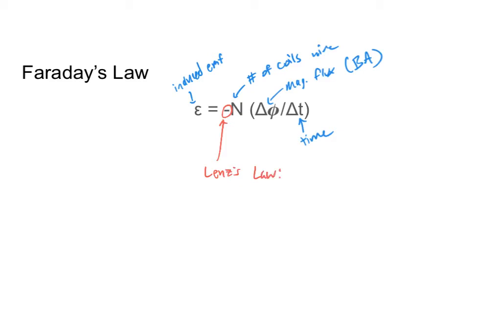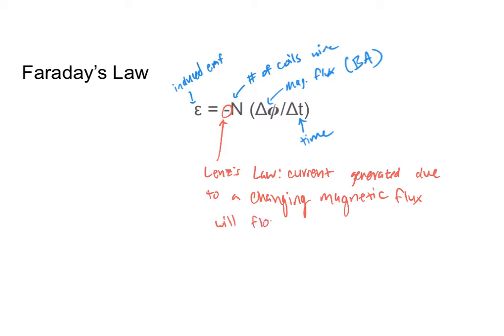Lenz's law states that the current generated due to a changing magnetic flux will flow in such a direction that it opposes that change in flux. Essentially, just like how masses don't like to change their motion, currents don't like to change themselves.